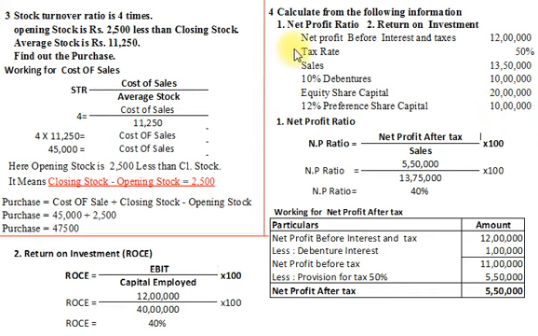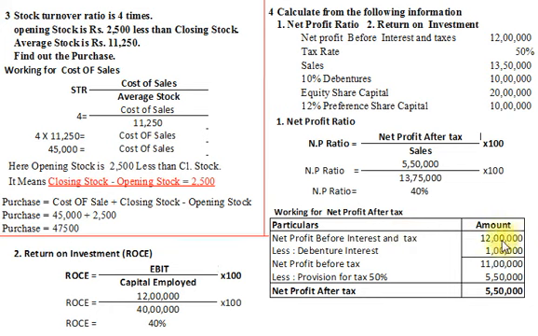First we will calculate net profit ratio, and our formula is net profit after tax divided by sales multiplied by 100. Sale is readily available, that is 13,50,000, but net profit after tax is not available. So let us work out net profit after tax. We have net profit before interest and tax, that is EBIT, worth rupees 12 lakh.